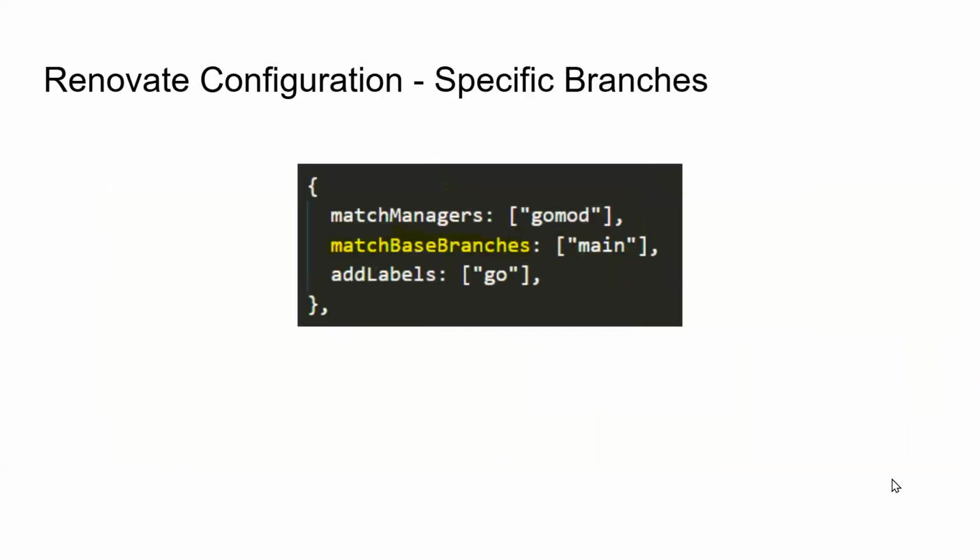For each specific rule, we can specify the branches that this rule will apply to using the parameter called match base branches. And I want to note that if you don't add this parameter, Renovate will apply this rule to all the branches that have been mentioned globally in the base branches.